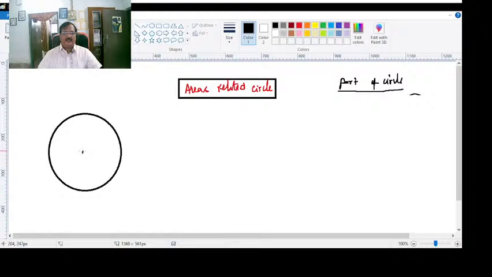I'll mark O. Now I will draw two radii, so AOB. Then I will rub this. That means I have cut along the radius.